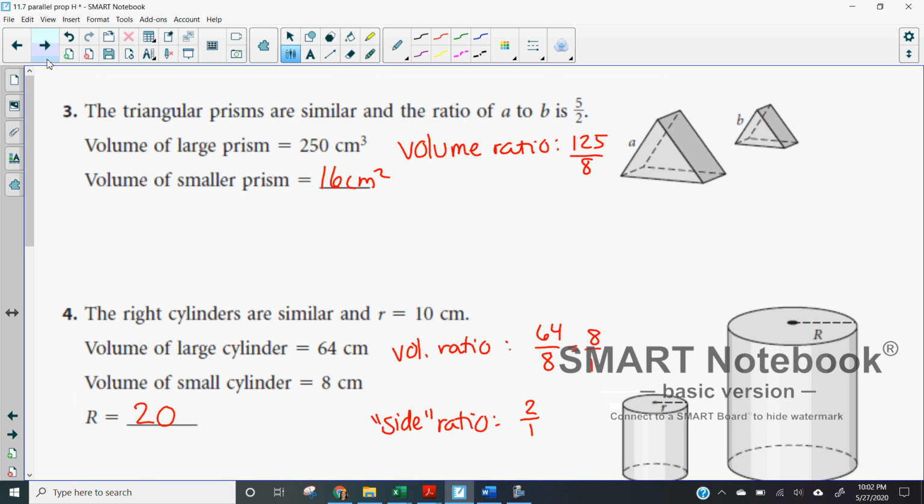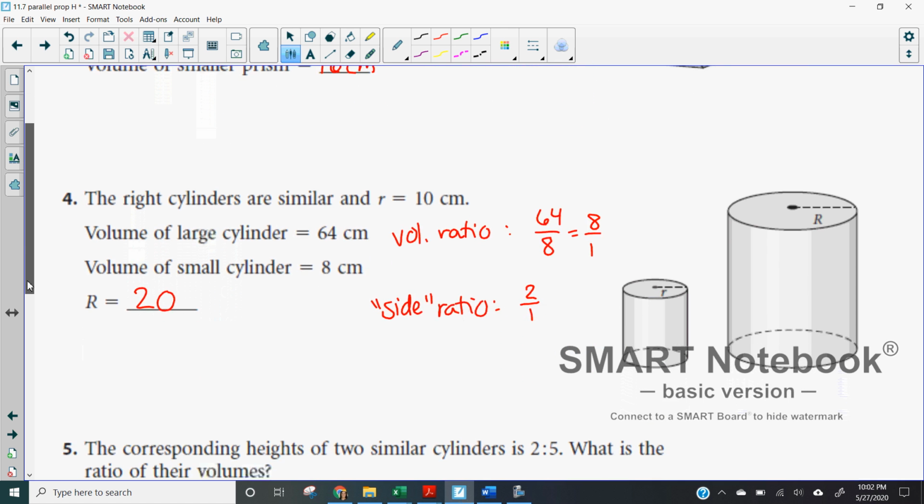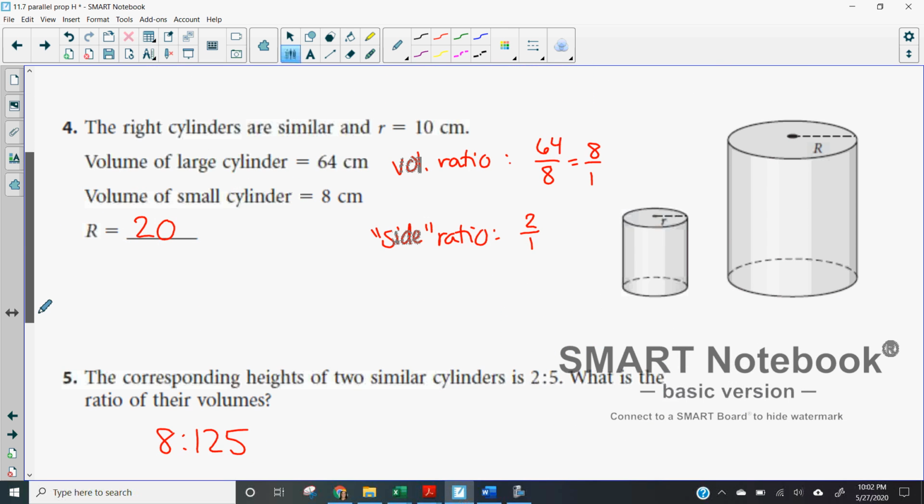And then you just had 3 through 6 on 11.6. So you notice I have my volume ratio written down here. That's the one you should be using to find the missing volume. This one, I honestly can't remember if we did one like this in our notes or not. Did we do an example where we took a cubed root? Okay, so they give you the volume ratio 64 to 8. What we want is the side ratio.